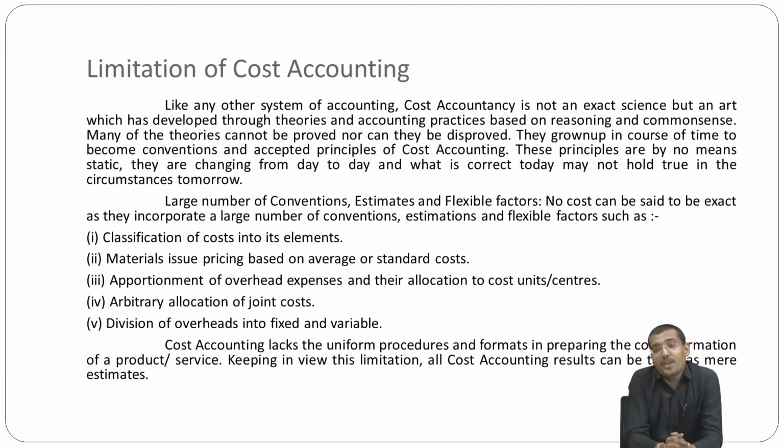So the classification of cost is also an important aspect. If you classify your cost inappropriately, at that point your whole cost accounting system is abolished, and it creates big hurdles for making decisions and for price fixation also.